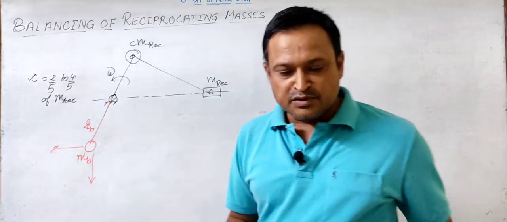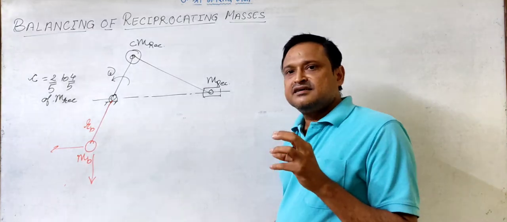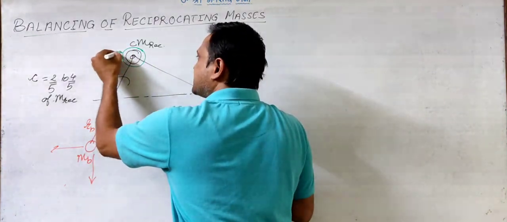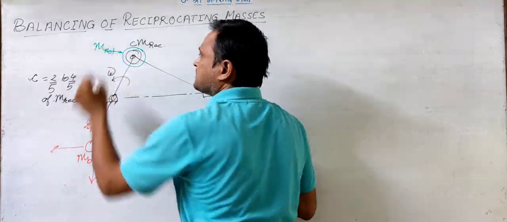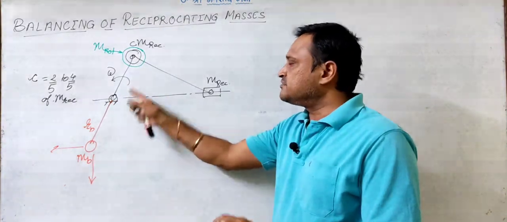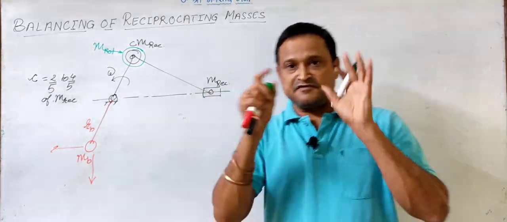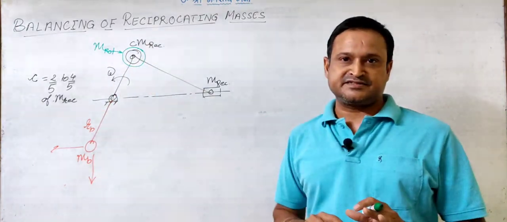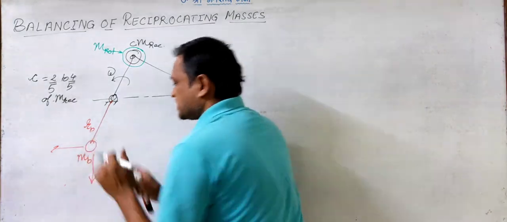So, we find an equivalent mass which is again placed at the crank pin. This mass is the rotating mass, the mass of the crank, which is placed at the crank pin and which gives the same effect as a crank of distributed mass. And now I am balancing this mass at the same location here.